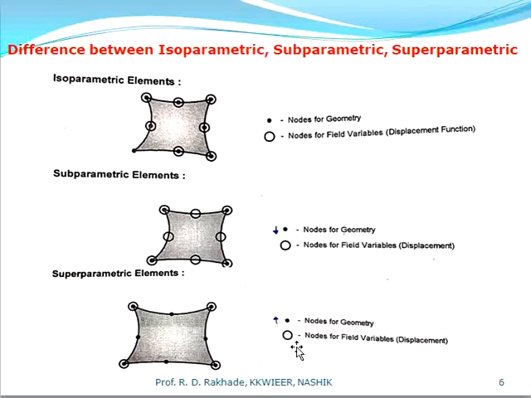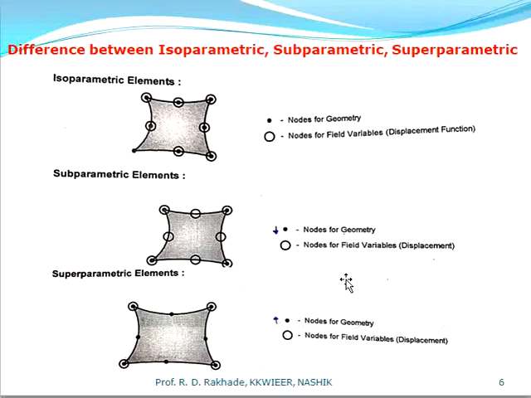And in the reverse case, that is the third, superparametric elements, if the function used to define the geometry of an element is of higher order than the function used to define the field variable, that is the displacement variable of an element, then such an element is called a superparametric element.